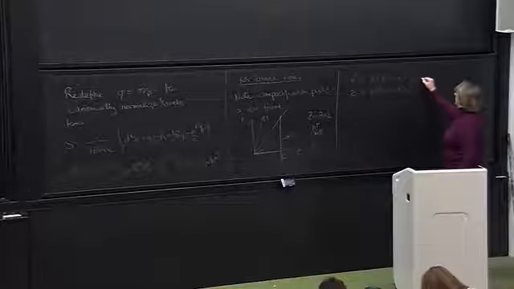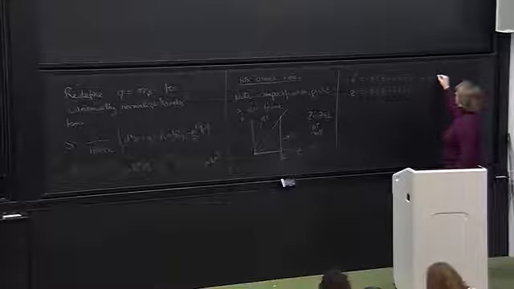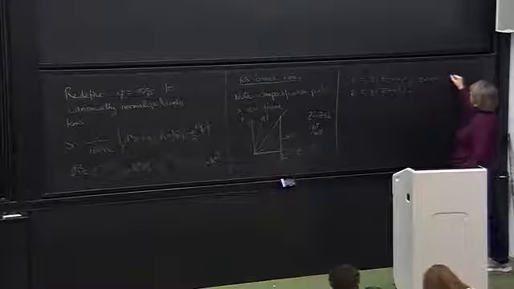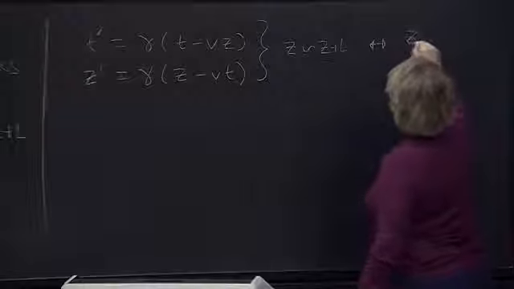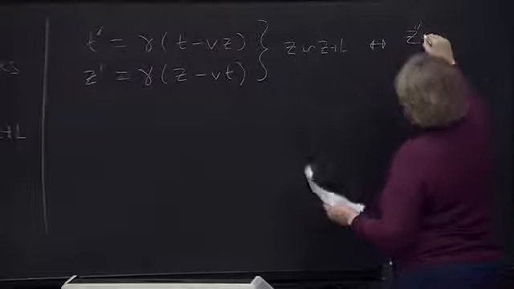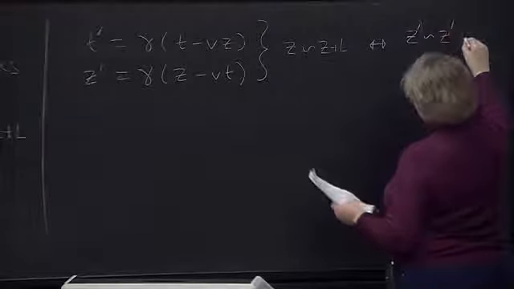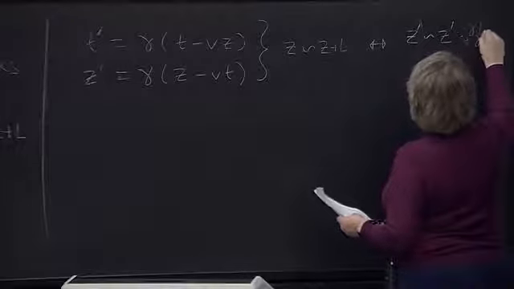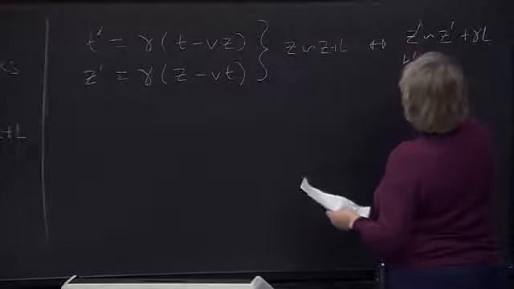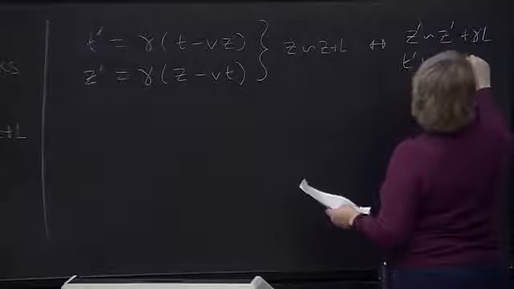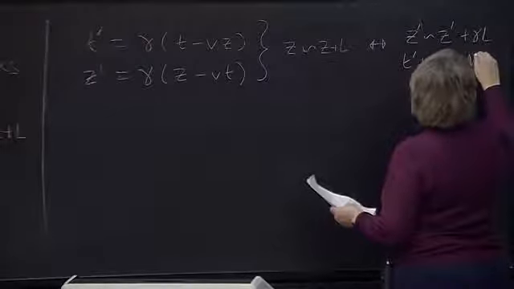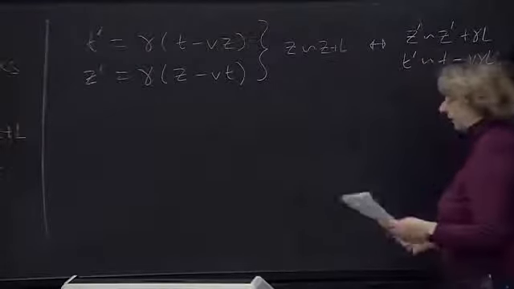Then Z being identified with Z plus L becomes Z prime identified with Z prime plus gamma L, but T prime must also be simultaneously re-identified.